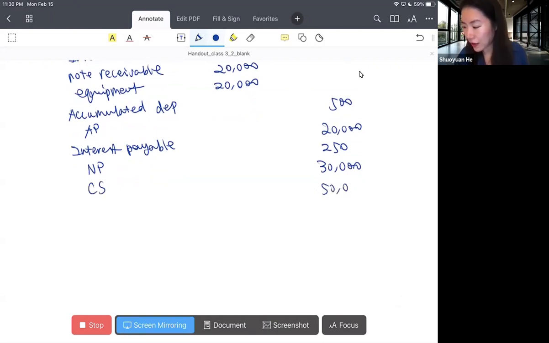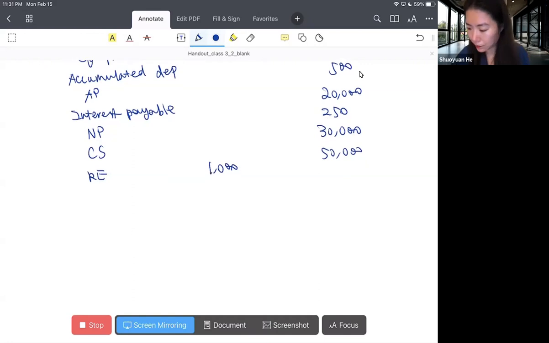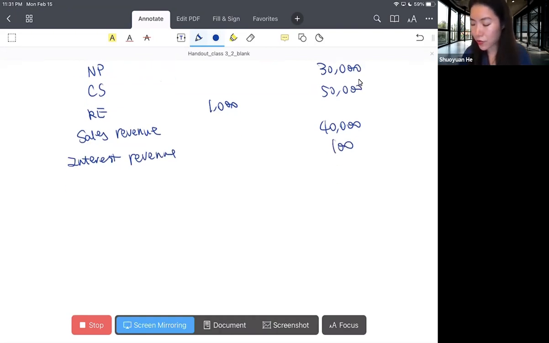So a lot of the accounts, like common stock, don't change, 50,000, because they are not affected by adjusting entry. Interest revenue, 100.